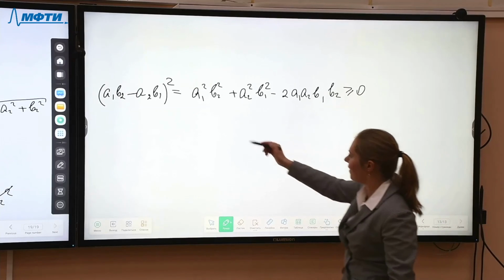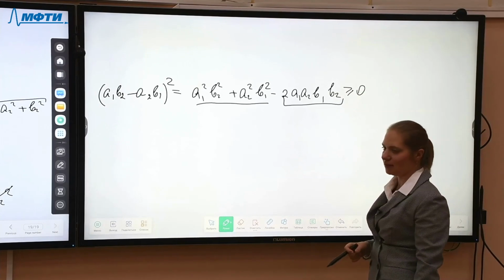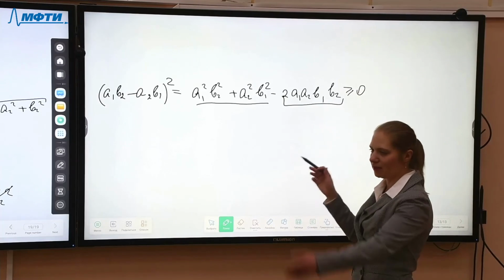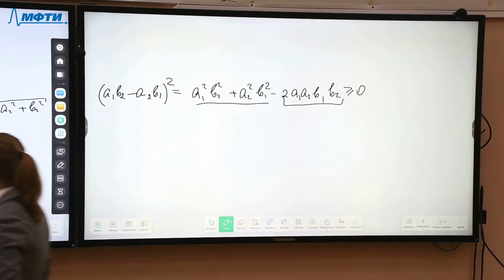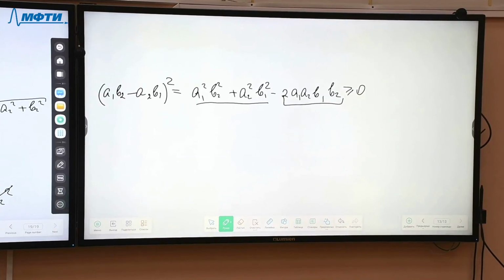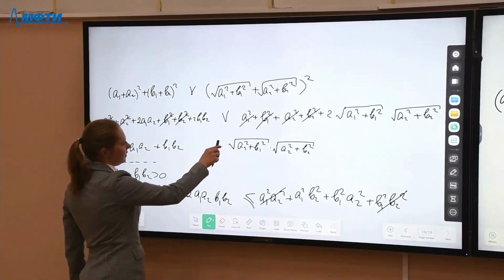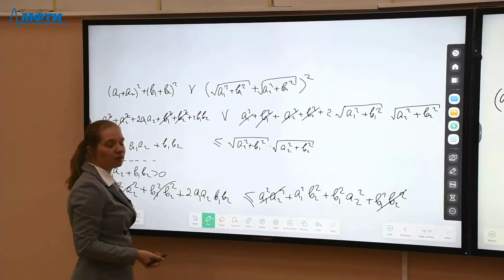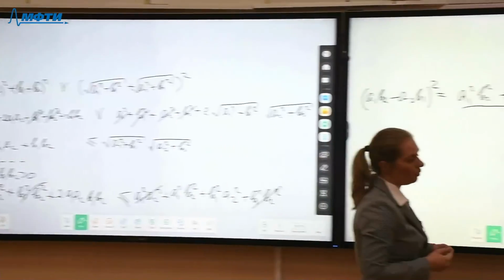So we can say that this thing is greater or equal than this thing, right? We can take it to the right side and make this conclusion. So we can say that this is true. It means that this is also true, and so on. So we have proved the triangle inequality.